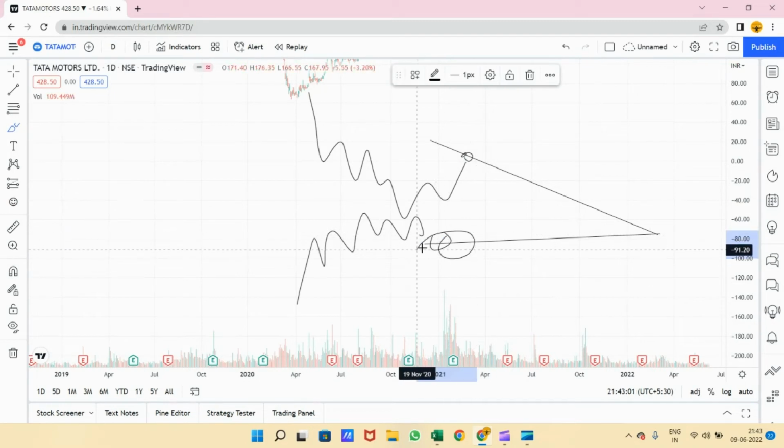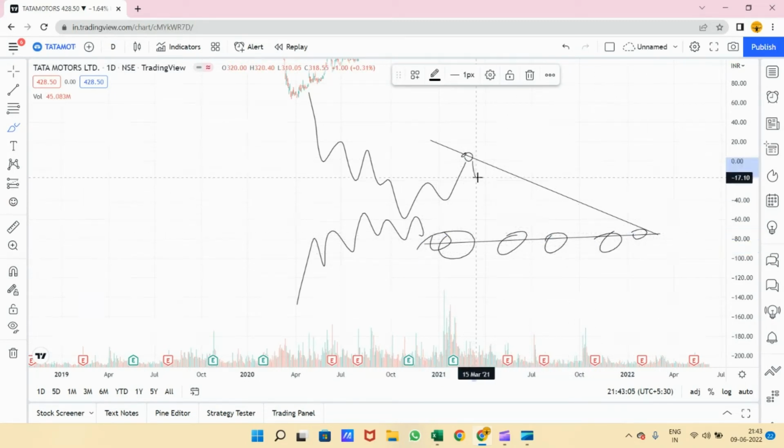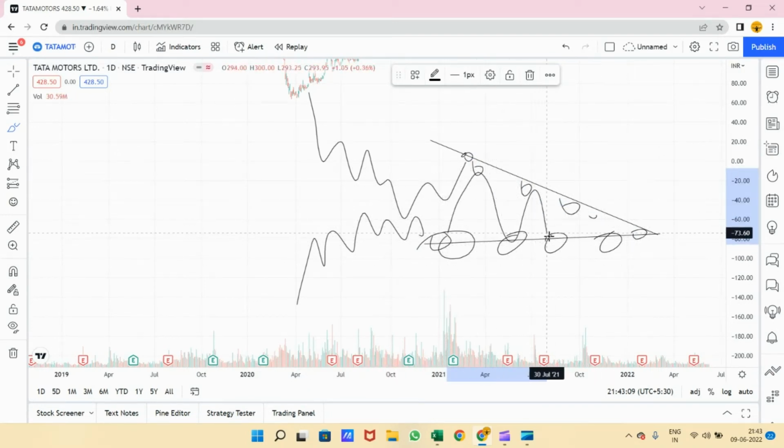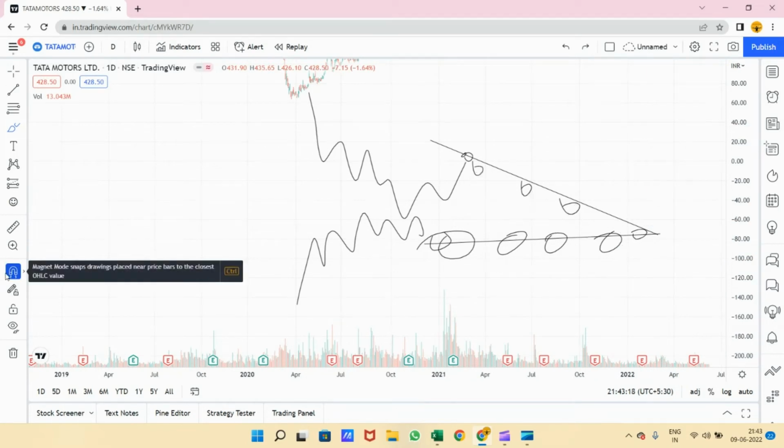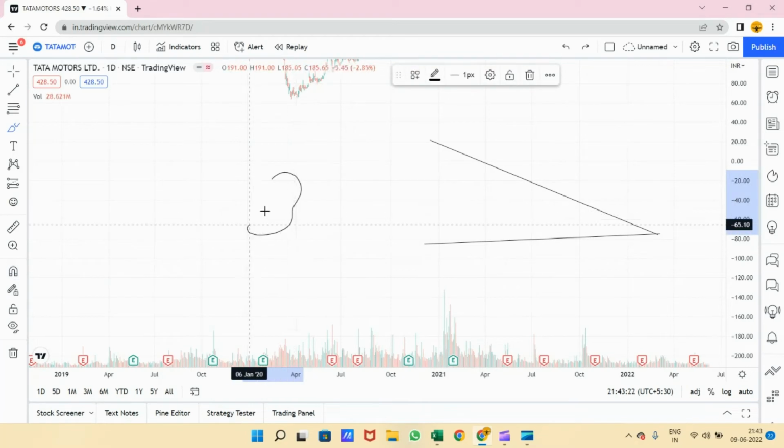The buyers wait for the price to come down before they buy, but the sellers aggressively short at each level. So the stock price goes on like that, and it either gives a breakout or a breakdown. Anything can happen. So this is the third pattern, guys.